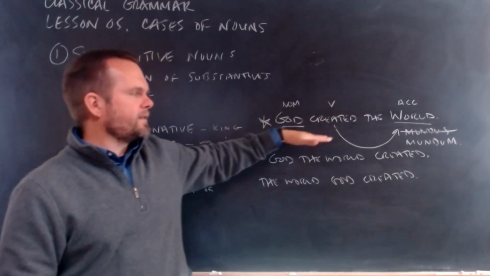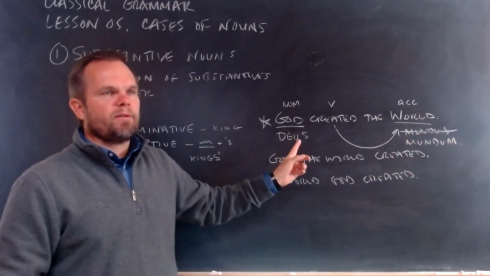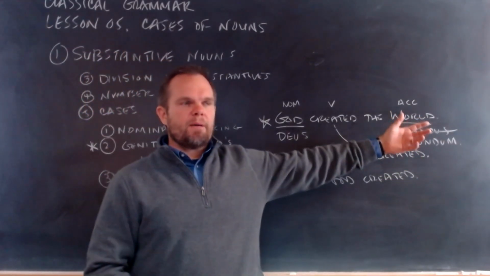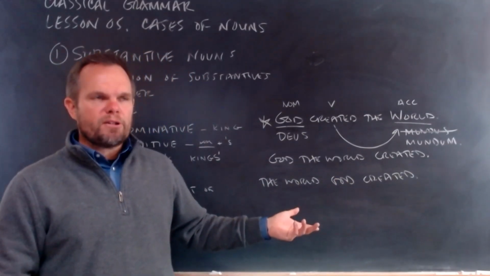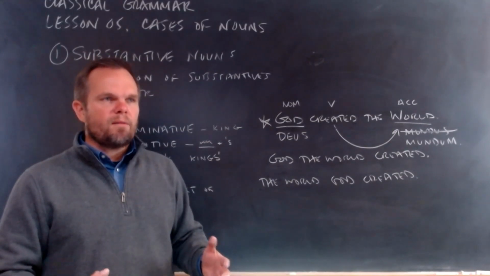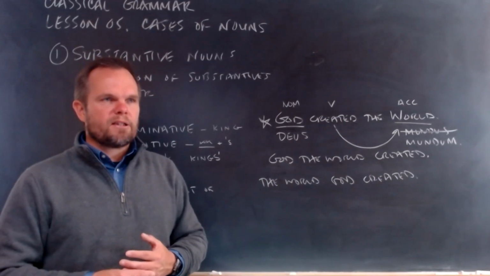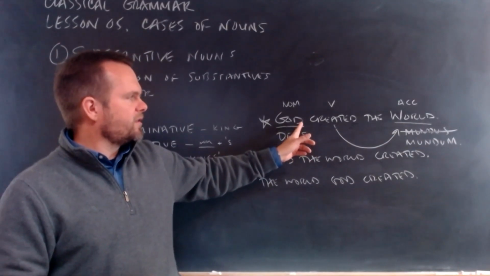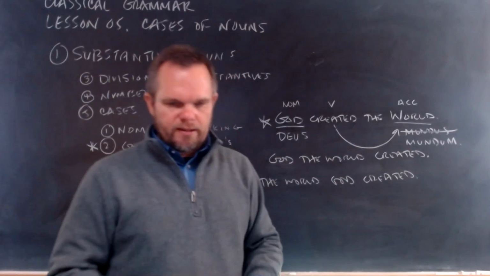So if the last line ended with related, I wouldn't want to say God created the world. I would want to say God the world created, and that would allow me to rhyme with related. You see what I mean? So moving words around in poetry is sometimes helpful for the sake of rhyming and rhythm. But poetry creates less clear expressions. All right? In English, we start with the subject, then the verb, then the object. That's usually how we identify the accusative case.